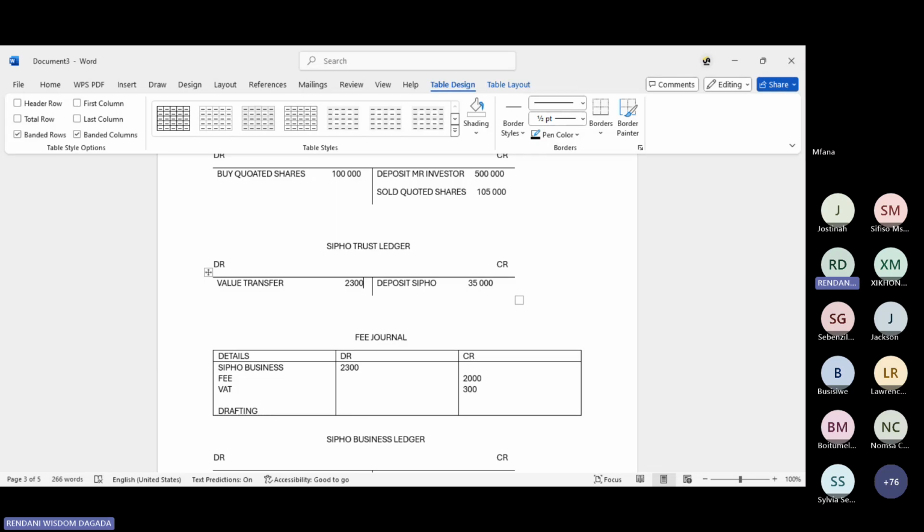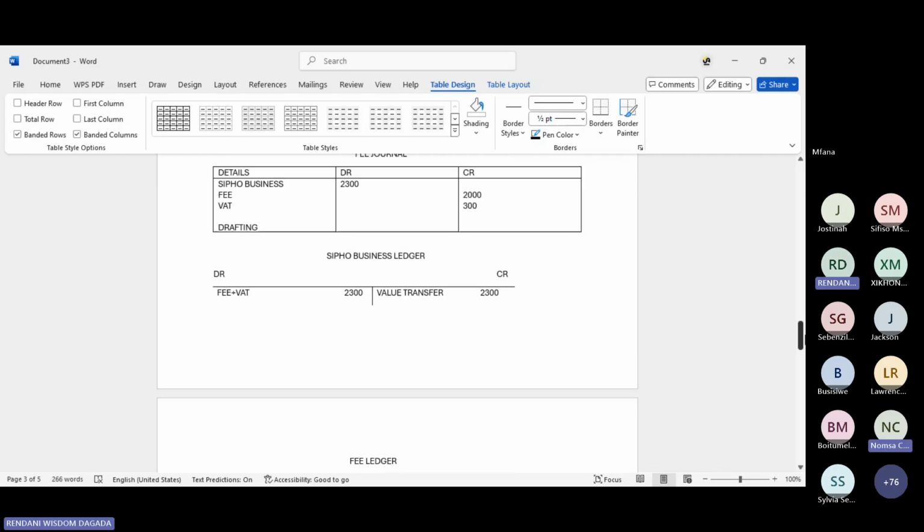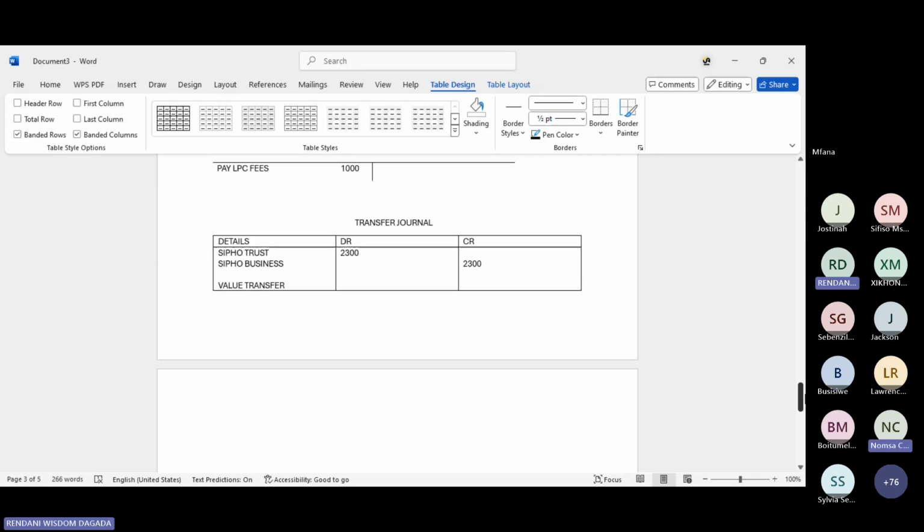And just like that, you have paid yourself or you have transferred whatever you are entitled to. So the step of transferring what you are entitled to, you start from the TCB, you credit it, you go to the BCB, you debit it, then you trigger the transfer journal. That is the step of paying yourself.